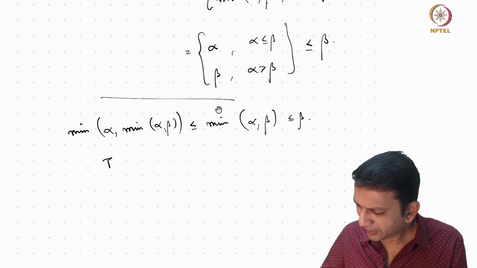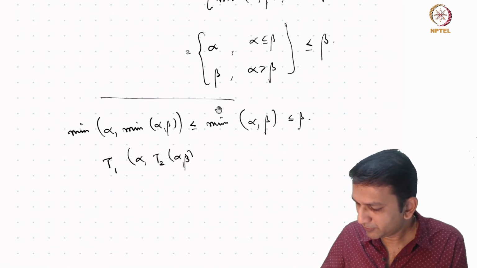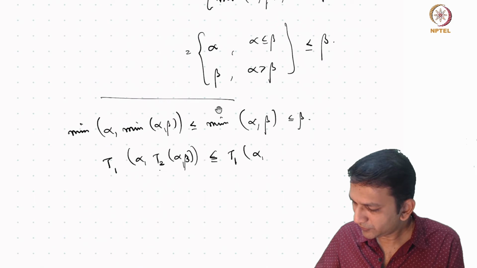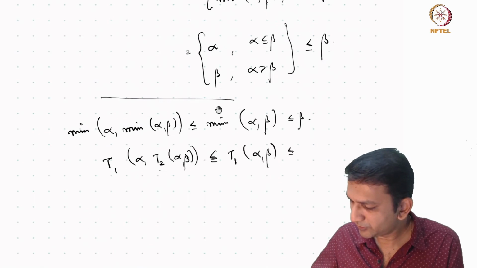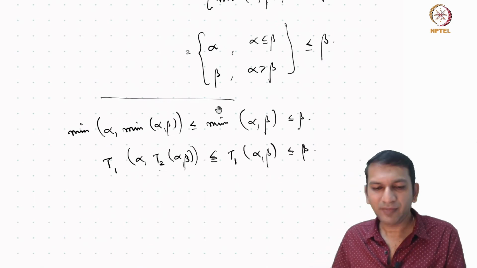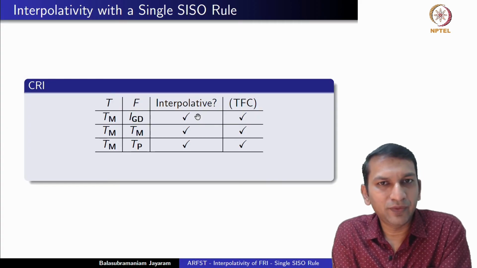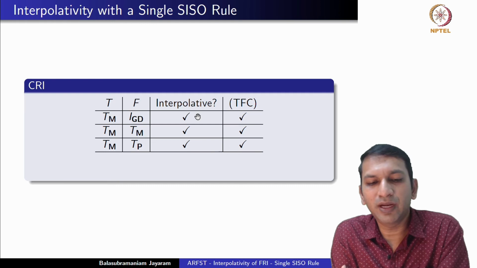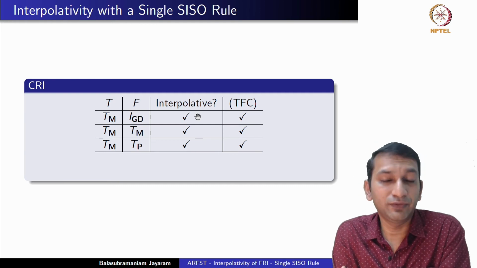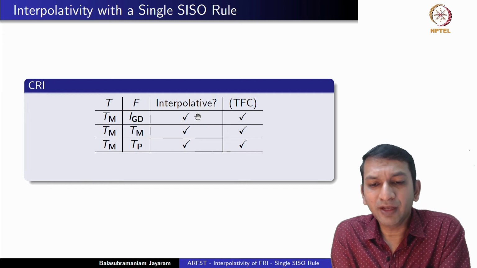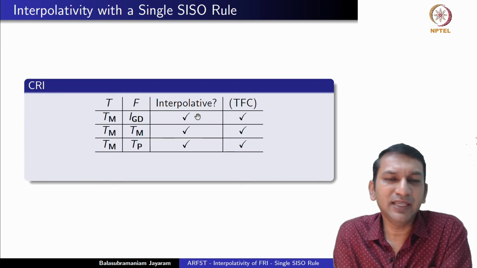In fact, for any T1, T2 we consider, by the properties of T1, we know that T2 of alpha beta is less than or equal to beta, so T1 of alpha beta is less than or equal to beta. So we see that even for the other pair, where we consider min for the T-norm and product for the function f, which gives us the relation in the rule, they do satisfy this inequality.